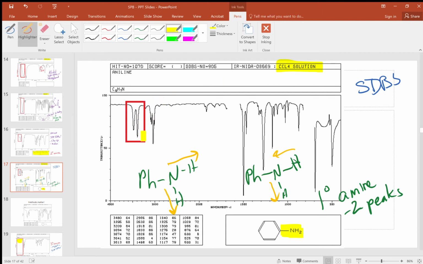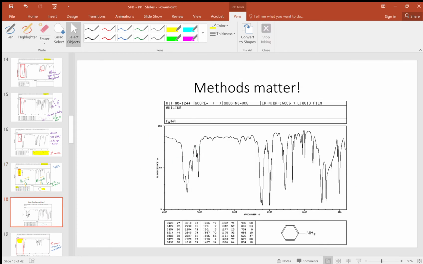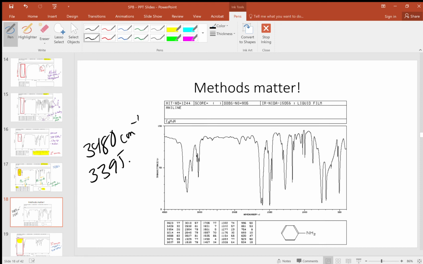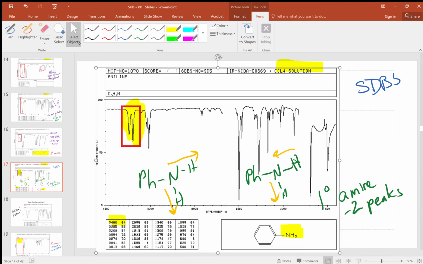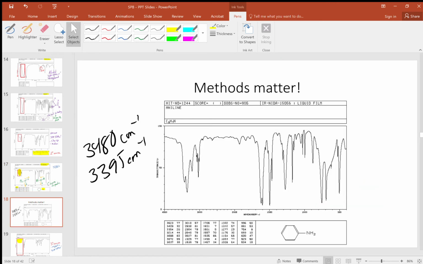So let's keep in mind what we have here for our primary amine. We had 2 peaks at about 3480 and 3395. And recall that that was in a carbon tetrachloride solution. So we change this, take the same compound, get a spectrum, but as a liquid film.